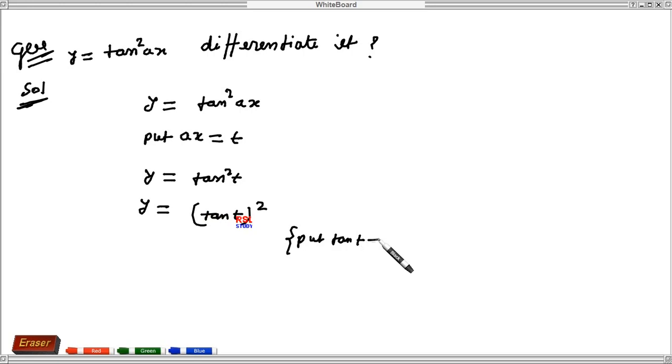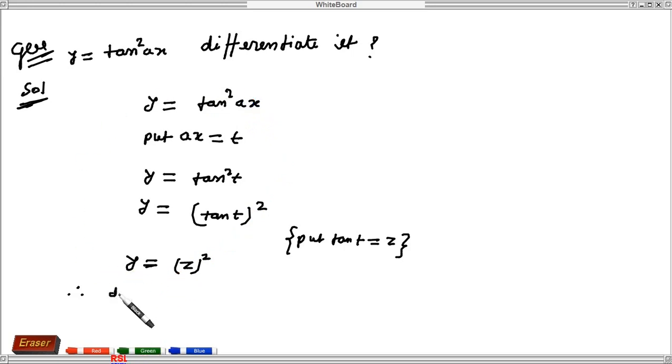This and this have the same meaning. Now put tan t equal to z. Again putting. So we have taken two substitutions. The question is this, and after putting ax equal to t, the question becomes like this. And again after putting this, the question becomes like this. So the question is changing from here to here.